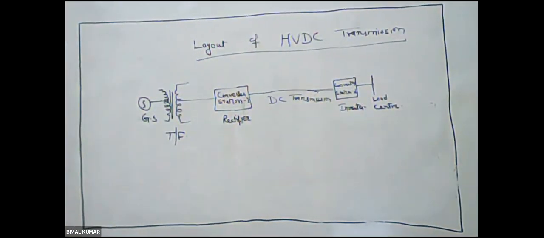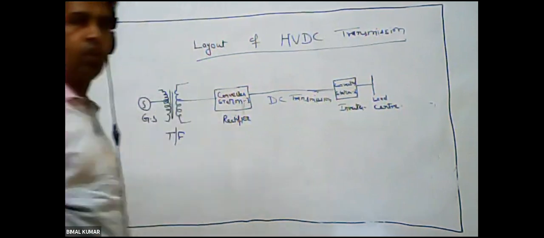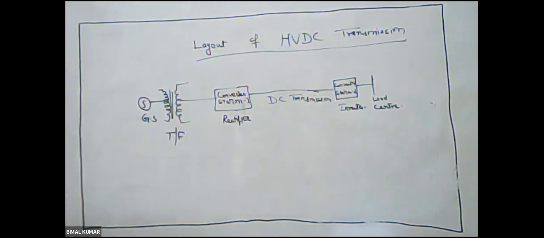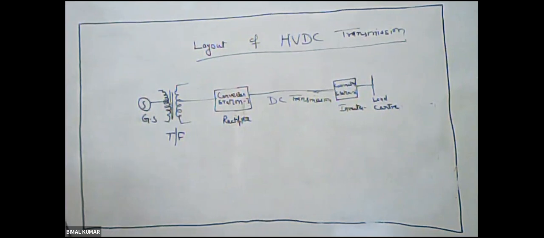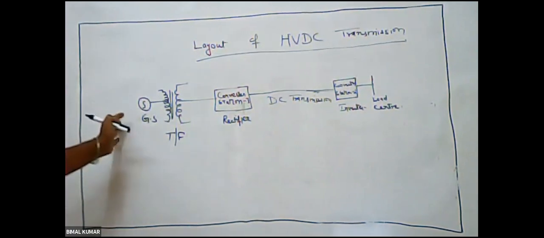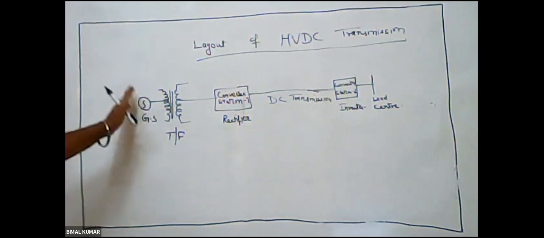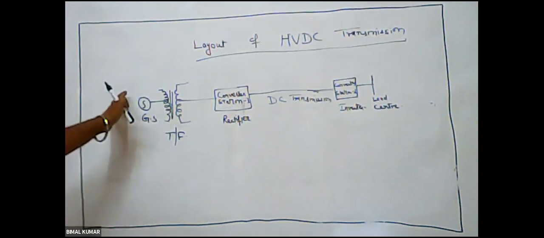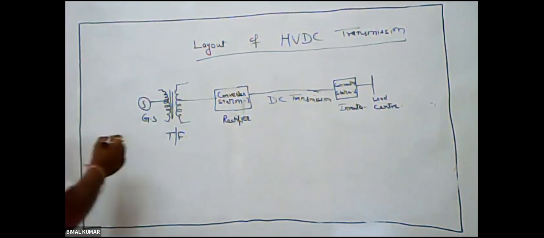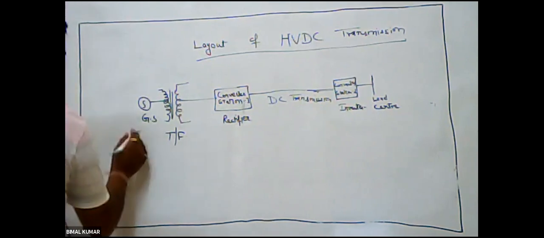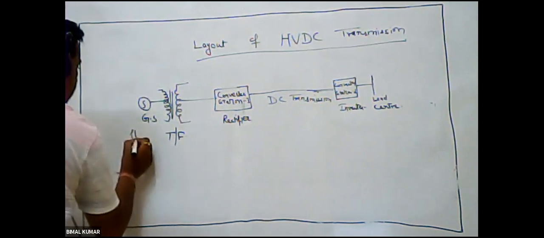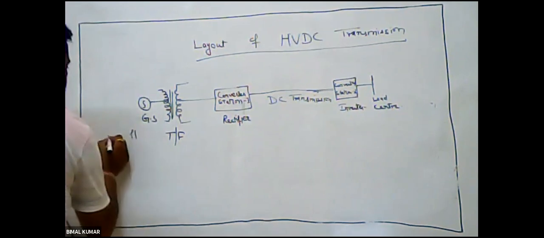So before starting with the various devices used in HVDC transmission, I just want to discuss the general layout of HVDC transmission. Now see this diagram. In this diagram, this is your generating station, right? This may be any thermal plant, any power plant.